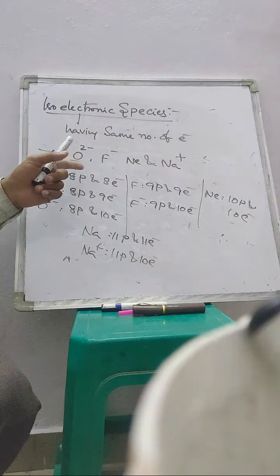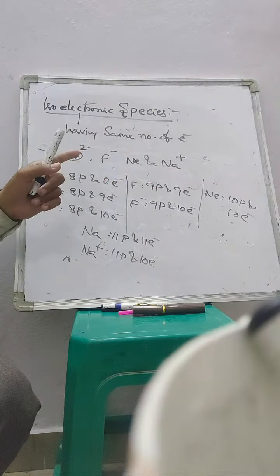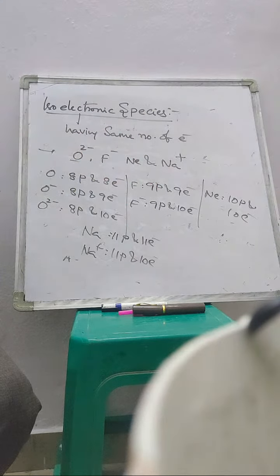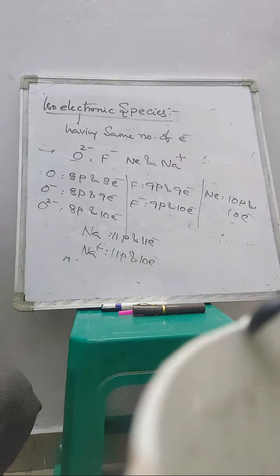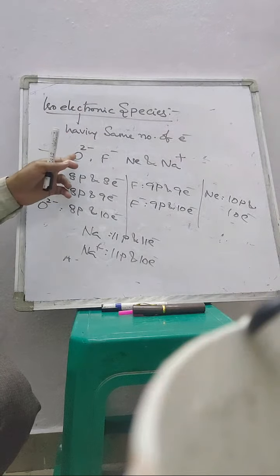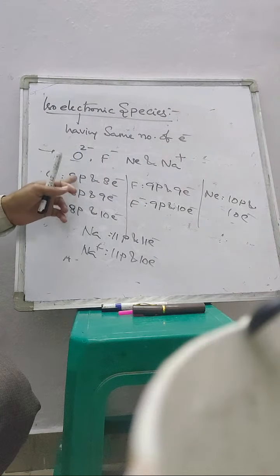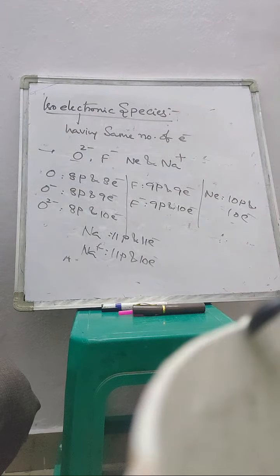And here we need to select the correct option. We need to know first the atomic number. The atomic number corresponds to the number of protons and the number of electrons. Then a negatively charged ion is formed by gaining of electrons, whereas a positively charged ion is formed by losing of electrons.